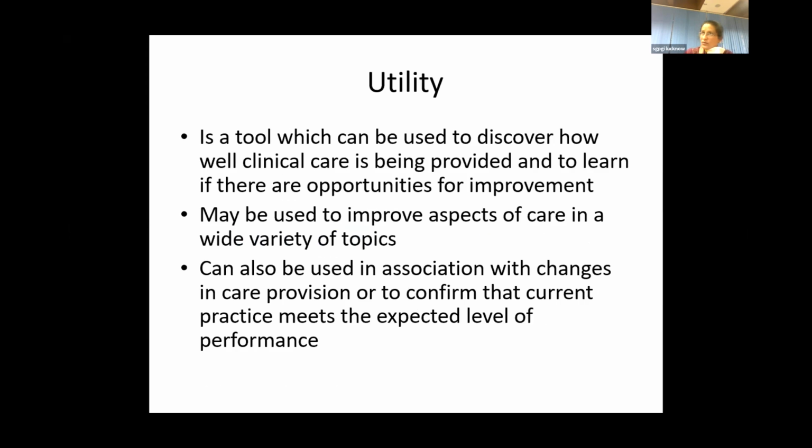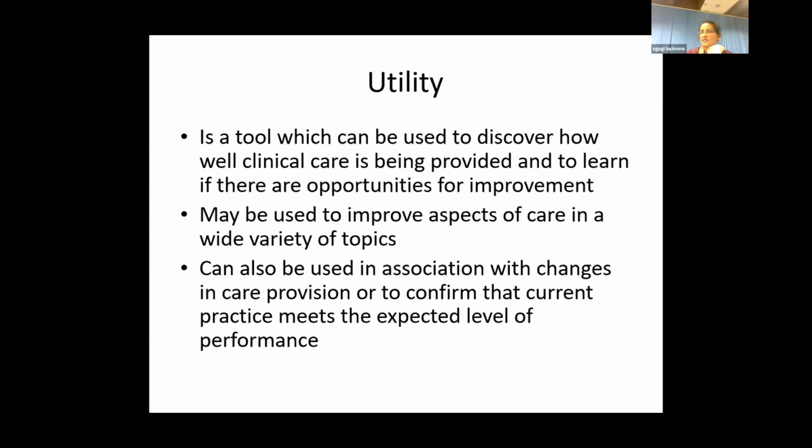So what is the utility of this clinical audit? It's a tool which can be used to discover how well clinical care is being provided, and then to learn if there are opportunities for improvement. Like in this, I'm sure the majority of the departments in SGPGI are doing annual audit, or some departments are even doing monthly audit.